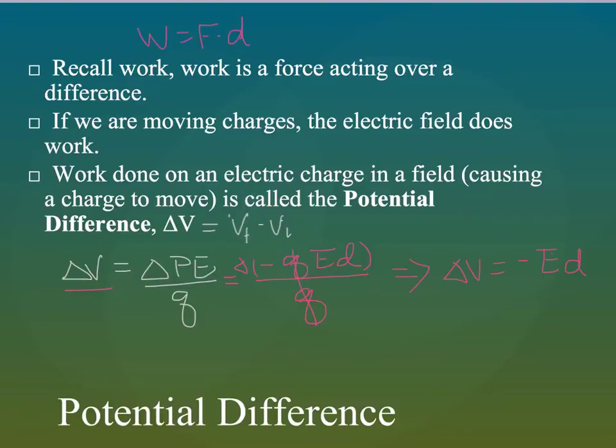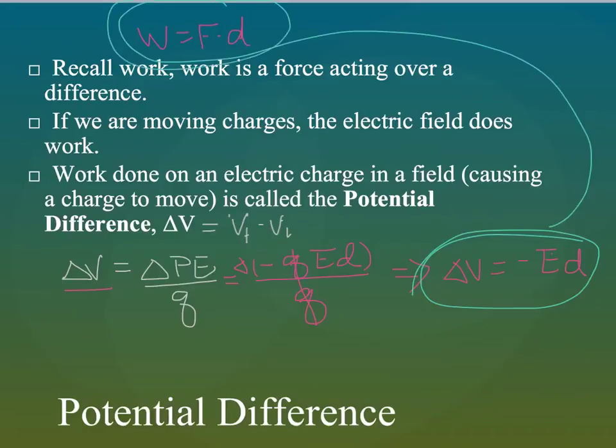It might help you remember that this is related to work. It's not actually work, but it's very connected. This form of the equation looks very similar to this one, where we had our distances, and in this case we have electric field instead of force. When we talk about potential difference, and when we talked about electrical potential before, we measure it in the unit volts.